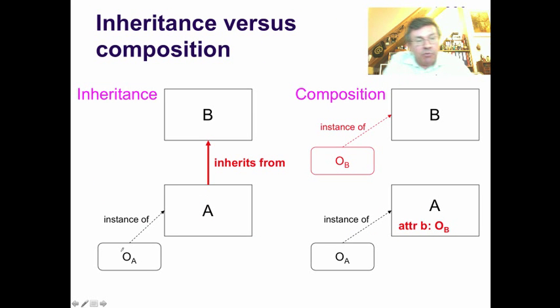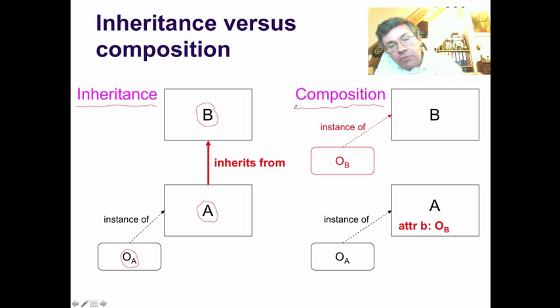So here's a simple diagram. On the left we have inheritance. A inherits from B, and object OA is an instance of A. So that's the case of inheritance. And on the right we have composition. So we have A and B with no inheritance relation.